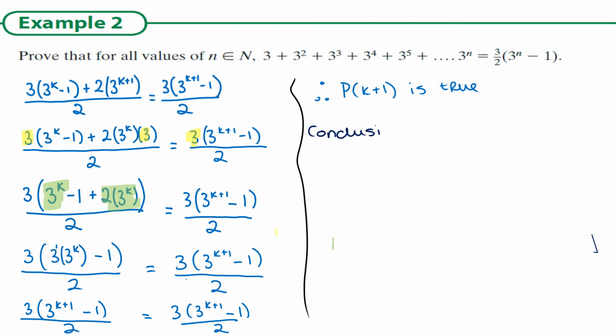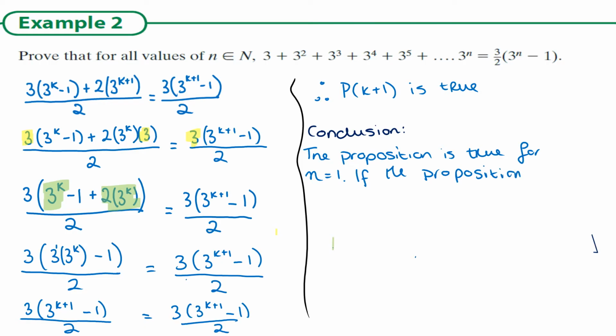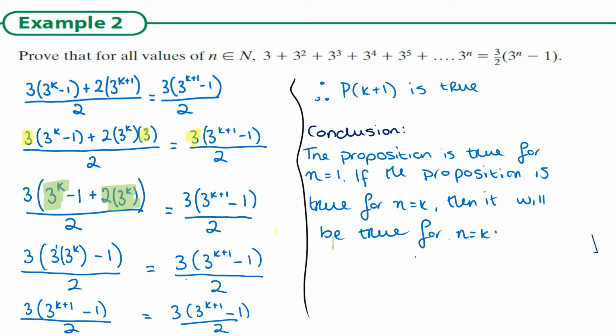So our conclusion for this question is pretty much the same as what we had in the last one. The proposition is true for n equals 1. And if the proposition is true for n equals k, then it will be true for n equals k plus 1.